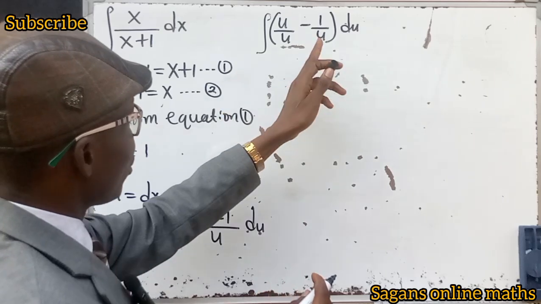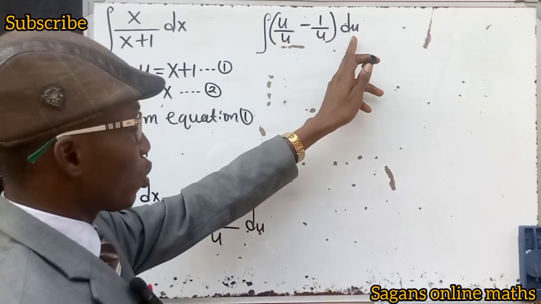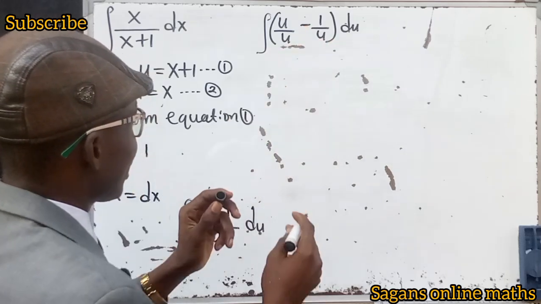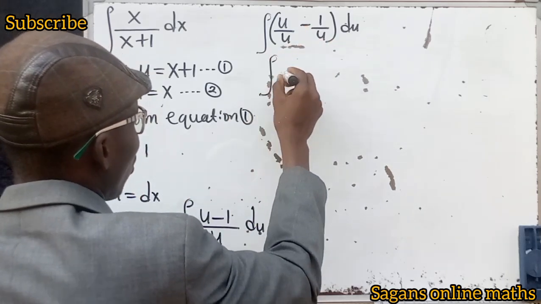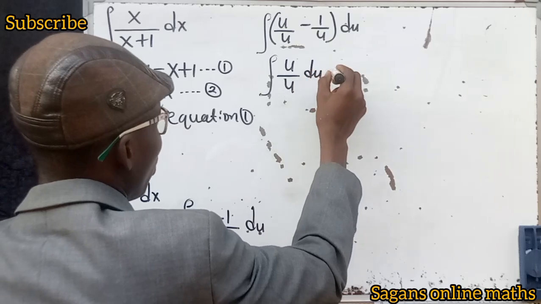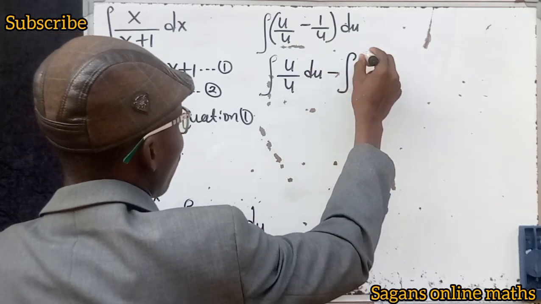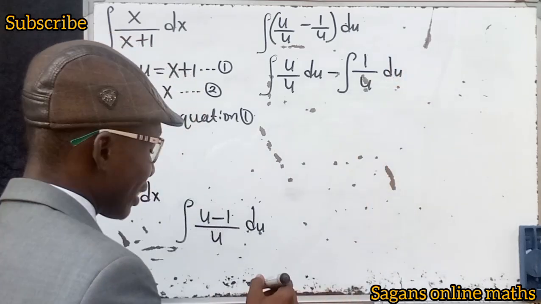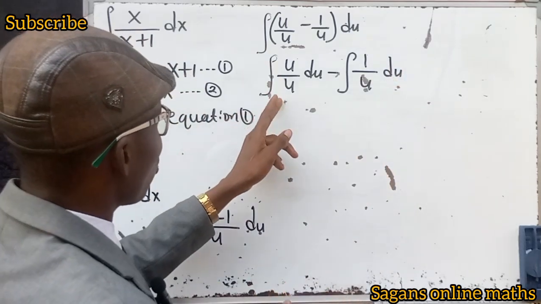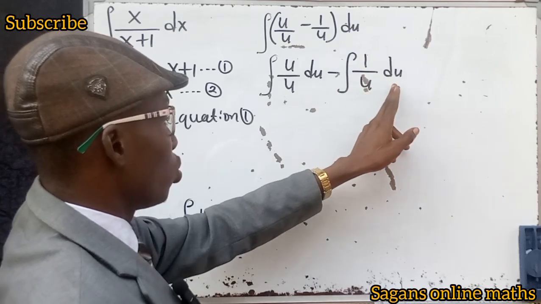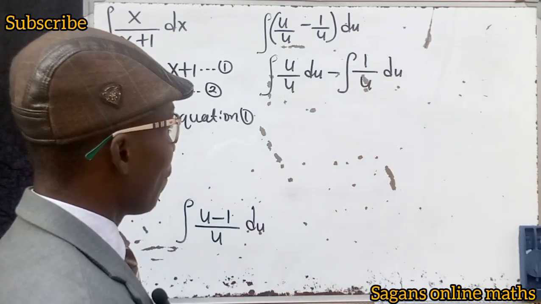Now we can see that we are integrating all this with respect to u. Since we have a minus sign here, this is the same thing as the integral of u divided by u multiplied by du, minus the integral of 1 divided by u multiplied by du. We are integrating u divided by u with respect to u, and we are also integrating 1 divided by u with respect to u.